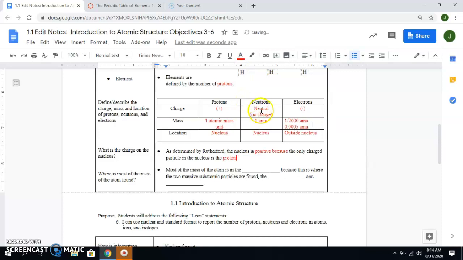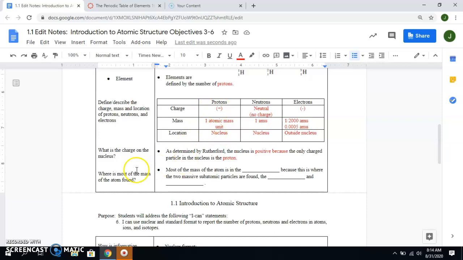Remember, the neutrons, which are also located inside the nucleus, have no charge on them. So the nucleus is positively charged because the protons are the only charged object inside the nucleus.